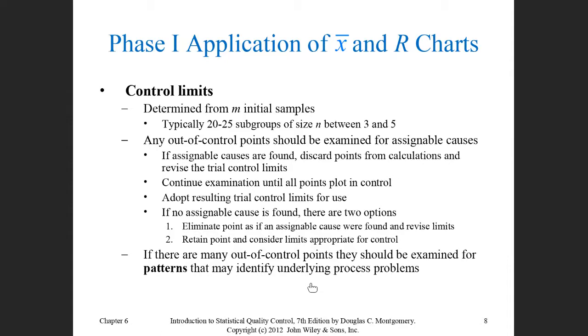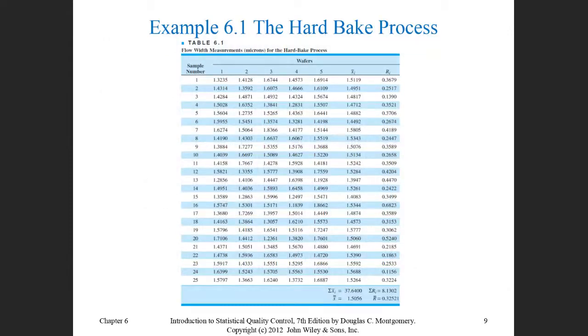But if there are many out of control points, then the process has some issues, and this has to be examined carefully because maybe the process is not capable of performing as it should. That leads us to an example where, after we draw the control chart, we check the process capability: whether the process is capable of performing and bringing you products or services within the specification you have set.